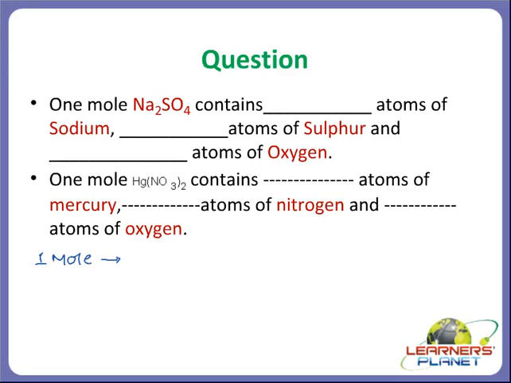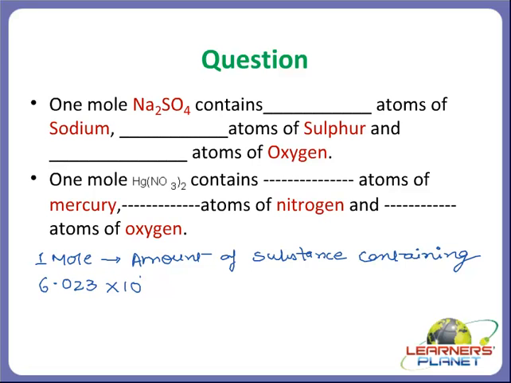So what is 1 mole, children? 1 mole is the amount of substance containing Avogadro number of particles. What is Avogadro number? 6.023 into 10 to the power 23 particles, right?